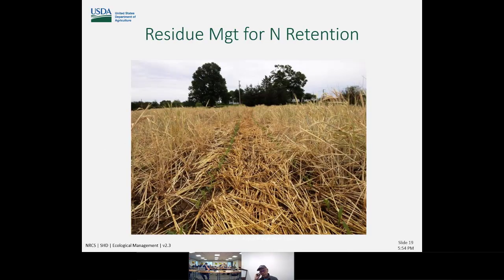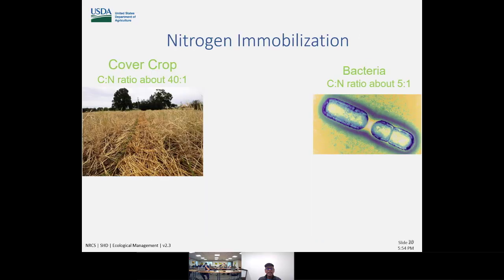But what if you are planting a cereal crop? Do you want all your nitrogen tied up? Here is nitrogen immobilization again.